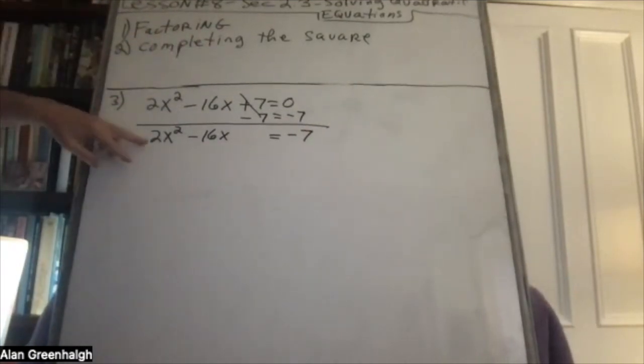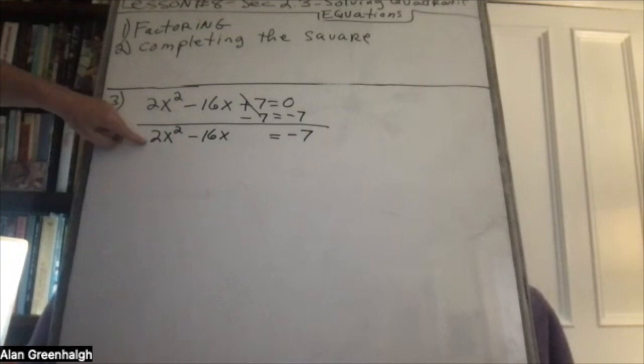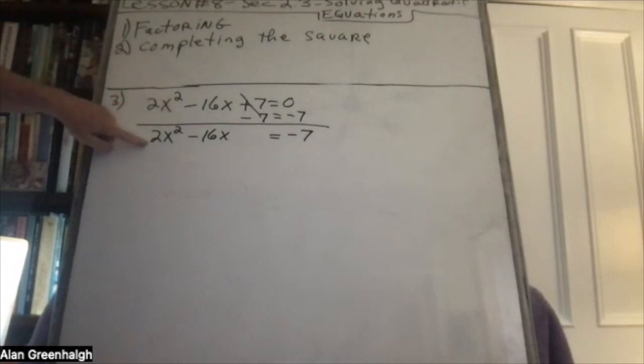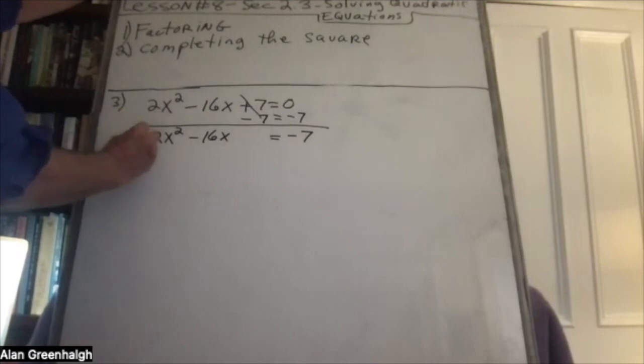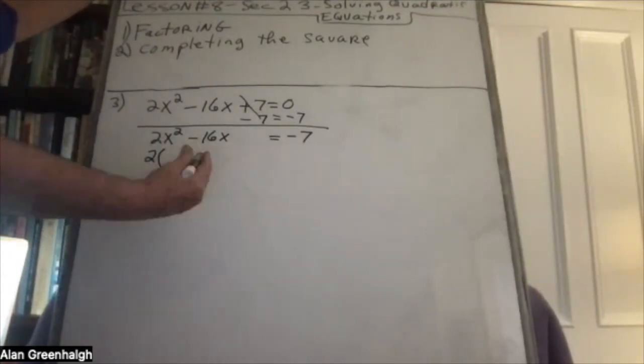Now, the problem that we are looking at here that we did not have before is that there's a 2 here. You can't use the method of completing the square if you have a coefficient greater than 1 as a lead coefficient. So you've got to do something to get rid of that 2. And what we do is we factor it out, pull it out.